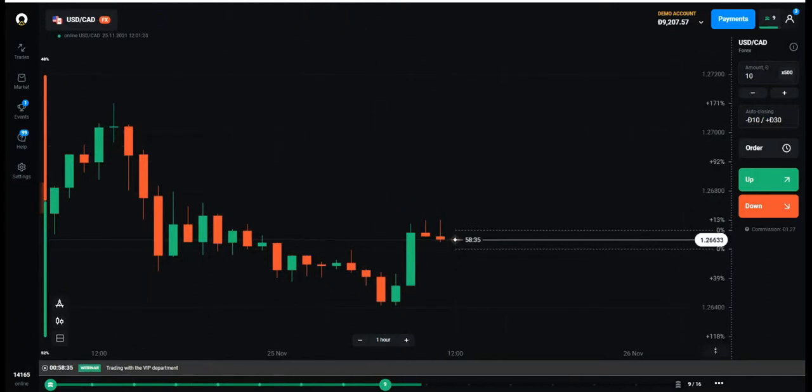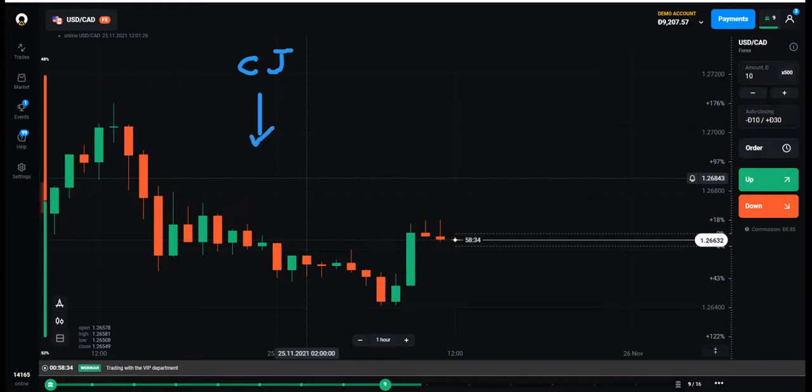Now, there's a bit of correlation going on here, because if we took CAD yen short coming down, what CAD yen is made up of is dollar CAD and dollar yen.